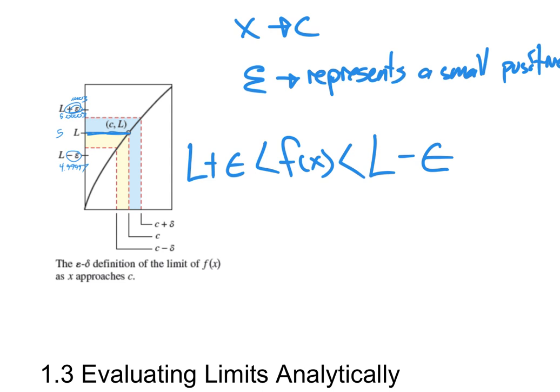Now, x approaches C means that there's this positive number delta, lowercase delta, which looks like this. I drew that a little bit too far. It's like an 8, but it doesn't close all the way. That x lies in the interval C minus delta to C plus delta.